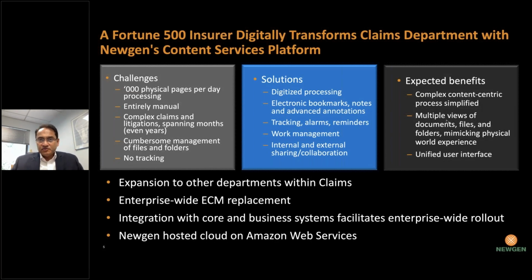Today, when those attorneys go into those kinds of files electronically within Newgen One, they are able to see those hundreds of documents, the files, but at the same time they are also able to see an aggregated view of all the notes and annotations date-wise in a separate view.